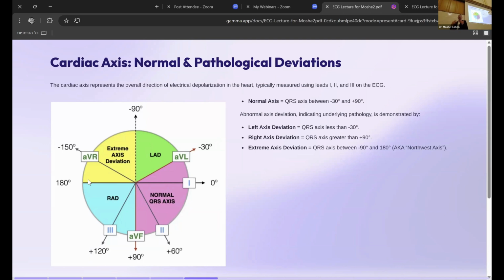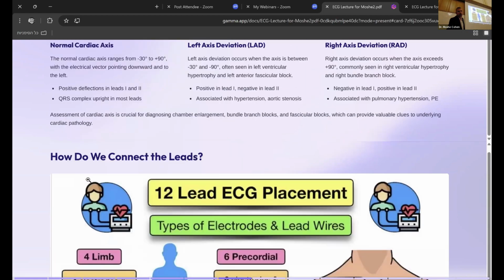Now, from a clinical perspective, it's not really important to say if the axis is minus 90 or plus 80 or what's the exact axis. You just need to say if you have an axis deviation or if it's a normal axis. So remember what we said. Let's see our ECG.